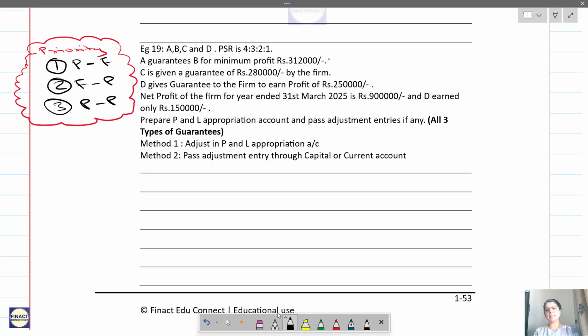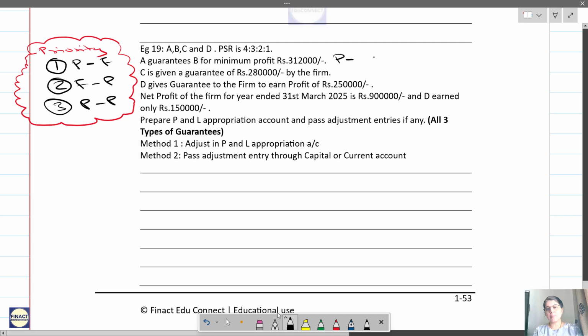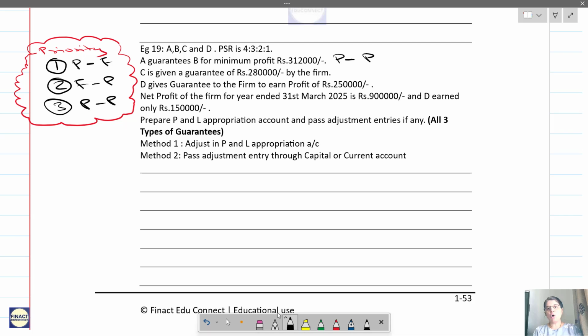So A has guaranteed B. So what type of guarantee is this? Partner to partner, correct? C is given a guarantee of 2,80,000 by the firm. So what type of guarantee is this? Firm to partner. Now D gives a guarantee to the firm to earn a profit of 2,50,000.